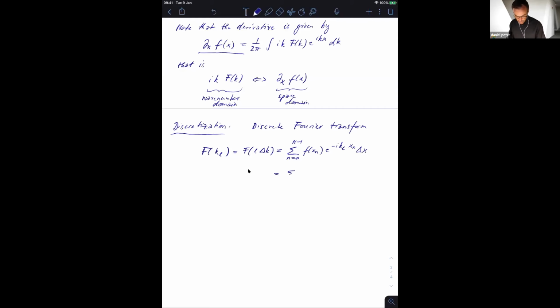So I can write out these terms a bit. x_n is now n times delta x. k_l is l times delta k, times n times delta x, that's x_n, times delta x.